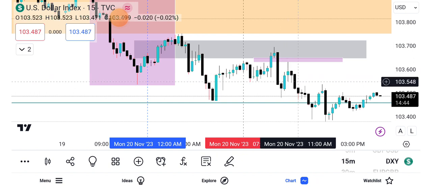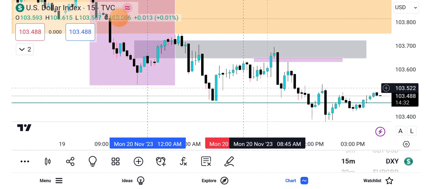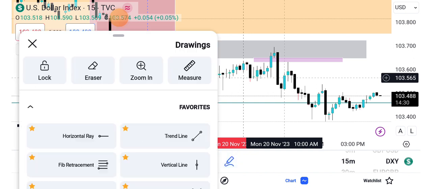above this candle's high, because this is my entry model, around between 10 to 11, the silver bullet.